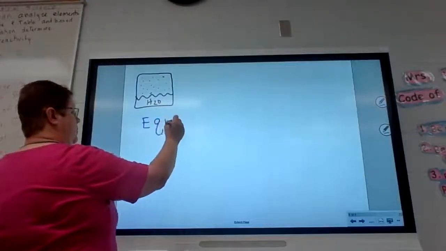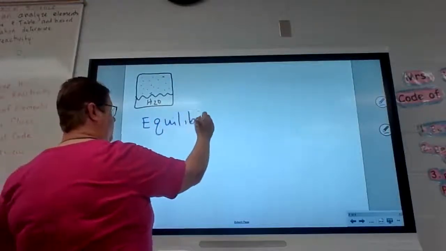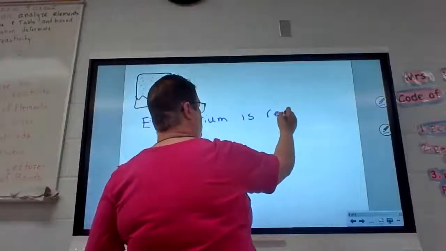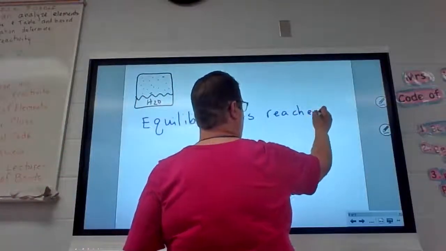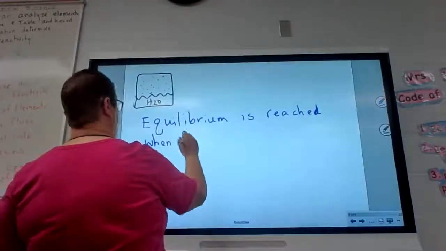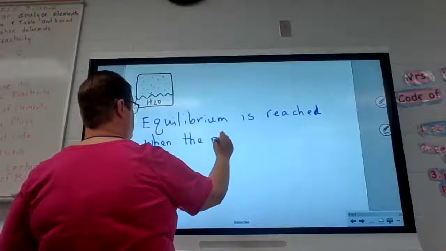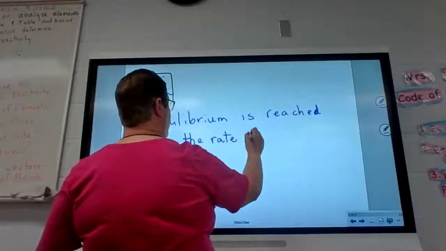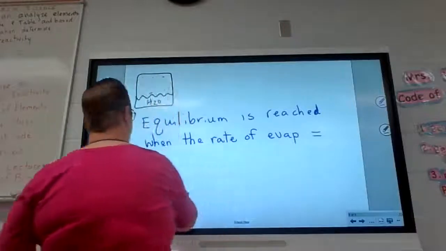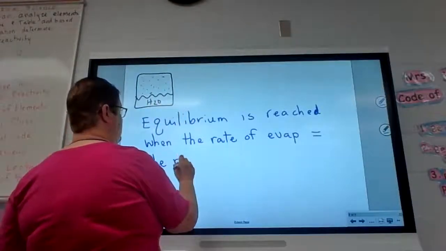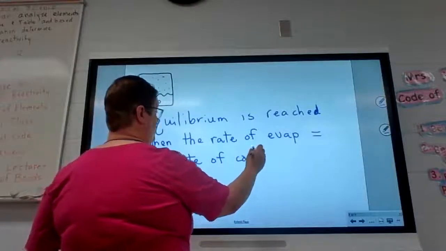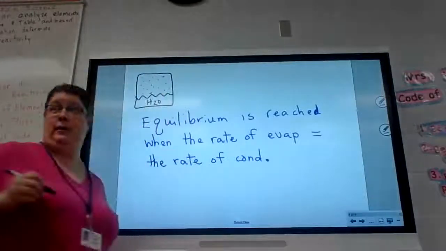Equilibrium is reached when the rate of evaporation equals the rate of condensation. It has to tell you that in the question.